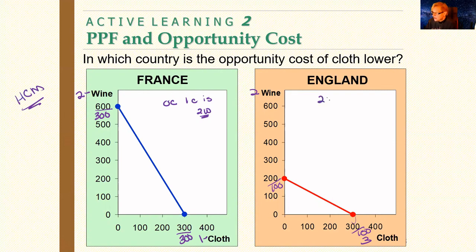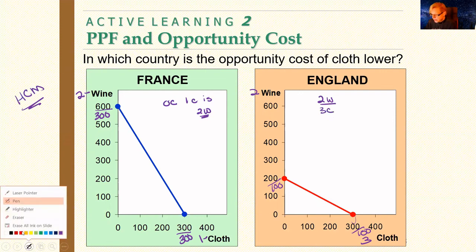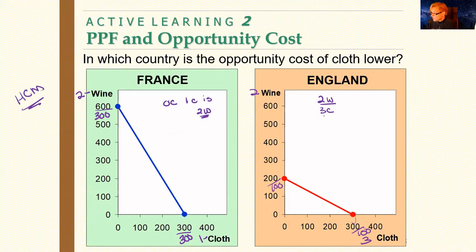So I'm going to say it's a 2 wine to 3 cloth ratio. Here I divide through, and I always use the 1 on the bottom because it's less messy. So 3 and 3, and I end up with 2/3 wine to 1 cloth. Therefore, the opportunity cost of 1 cloth is 2/3 wine.